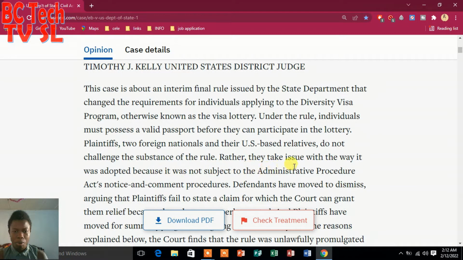Rather, they take issue with the way it was adopted, because it was not subject to the Administrative Procedure Act's notice and comment procedures.